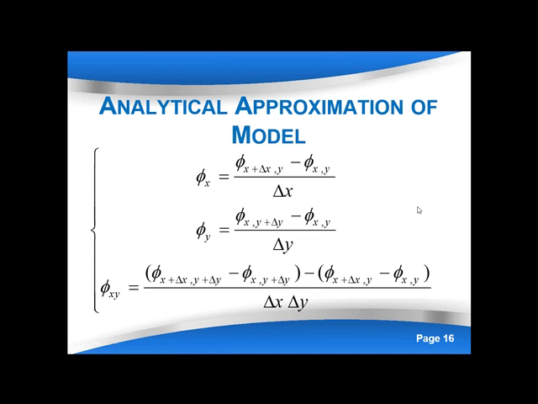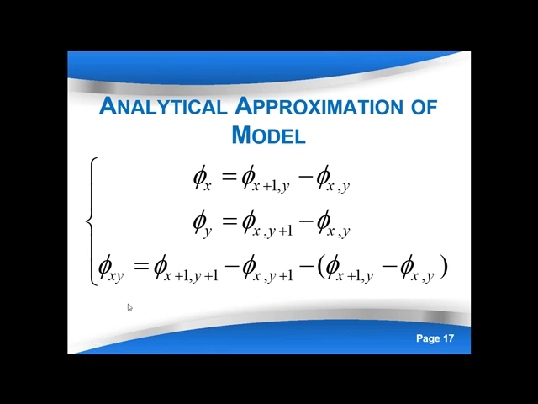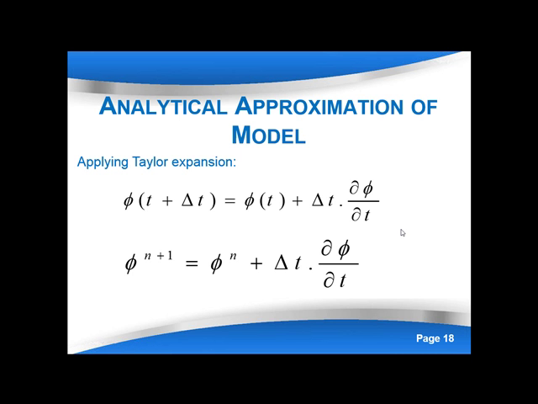By having the definition of derivative, we have these formulas, and if we set the step space to 1, these formulas are yielded, and when we apply Taylor expansion to phi, we see the relation between phi n plus 1 and phi n.